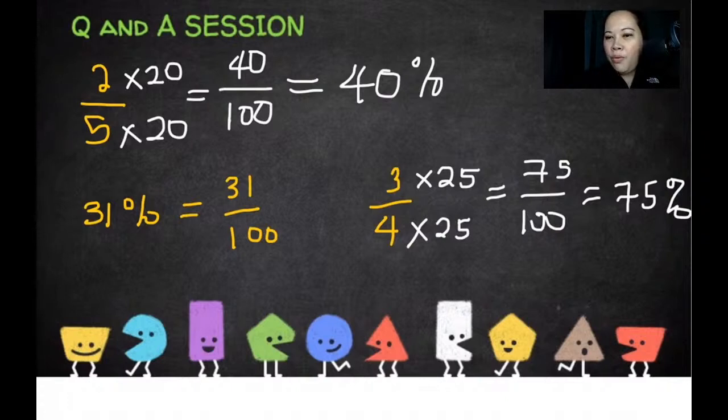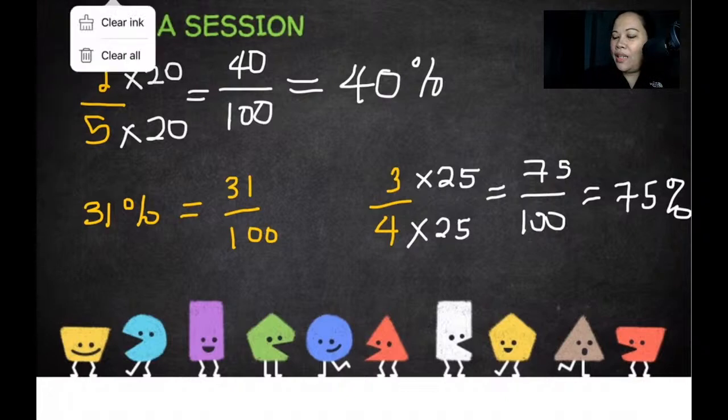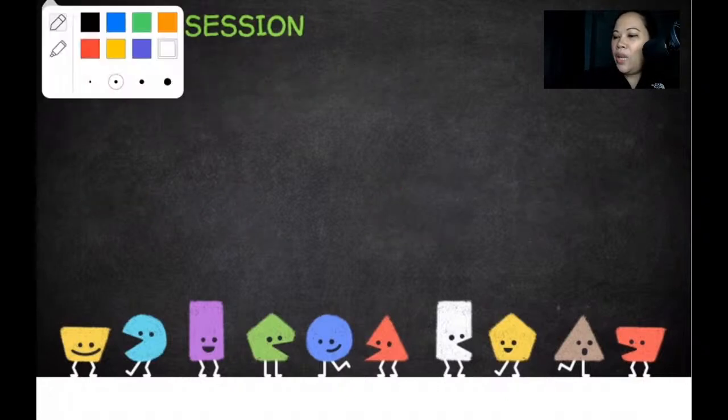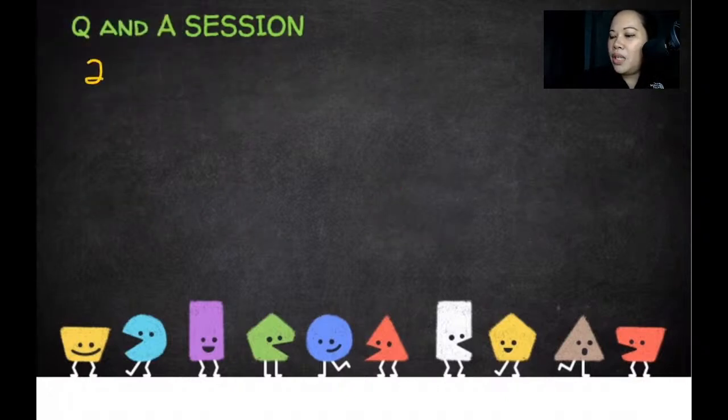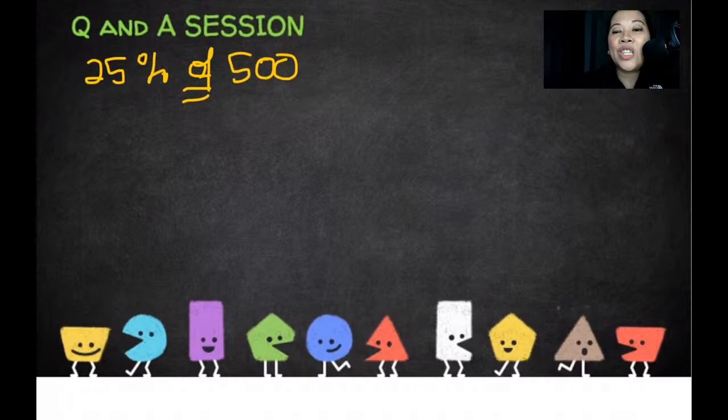25% of 500. When you have 25% of, the word "of" means multiplication. There are different ways to solve this.